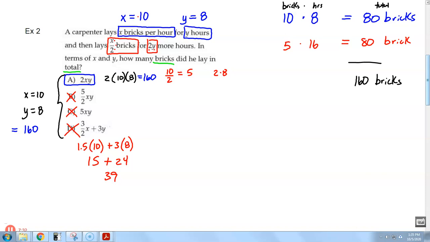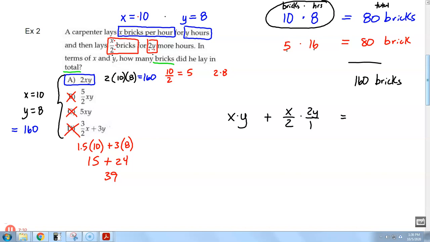Now, again, you may have seen when you first looked at your total, when you did bricks per hours, you basically just multiplied x times y. All right? X times y. And then we added to that, when we did these two numbers, we multiplied these two, which was x over 2 times 2y. And I'm going to put over 1 just because it's easier to multiply a fraction times a fraction.